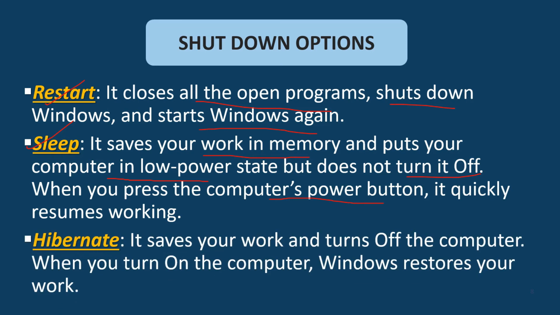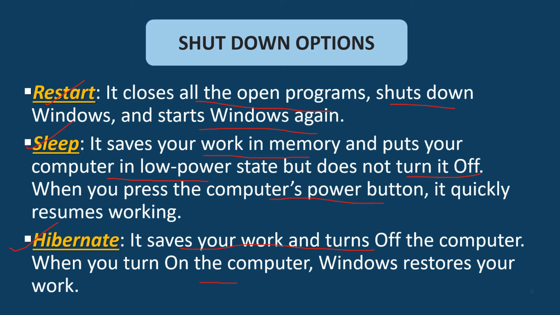Next is hibernate. It saves your work and turns off the computer. When you turn on the computer, Windows restores your work. Hibernate means the computer will be turned off, but it will save your work so that your work will not be deleted. Once you turn on the computer, you can restore the work that you have done previously.